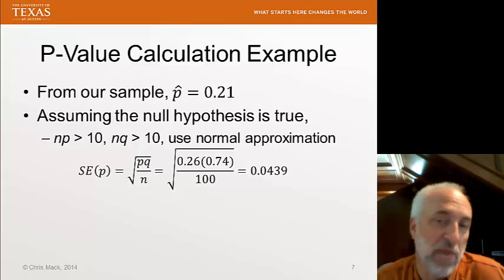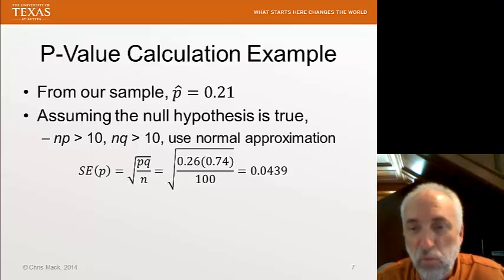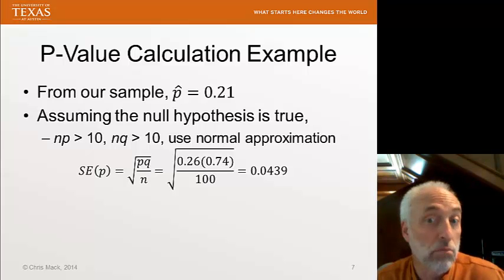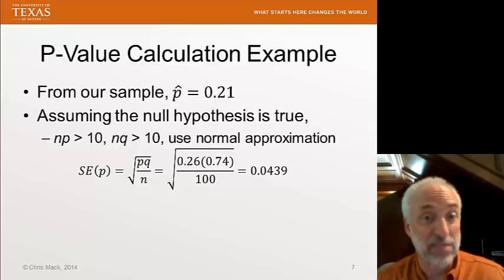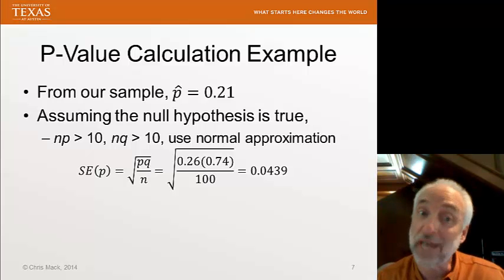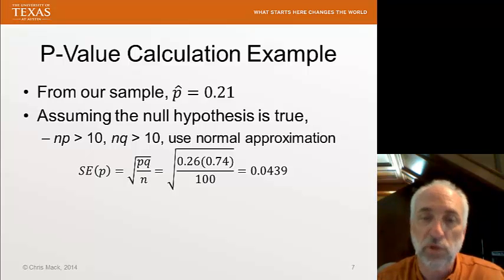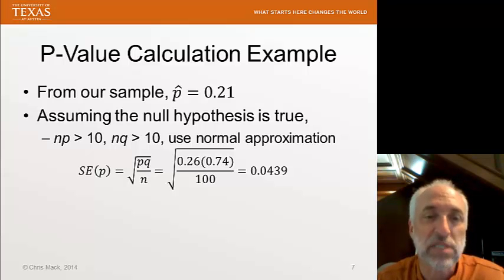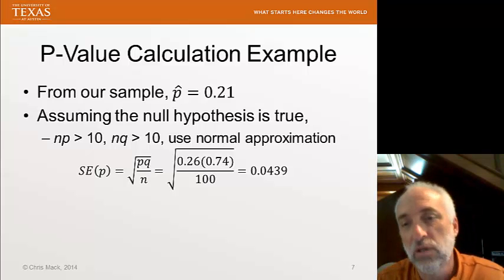I work out the math, I get a standard error of p of 0.0439, or 0.044. So 0.26 is my null hypothesis for the proportion value, but the standard error of that proportion, essentially we think of it like our estimate of the standard deviation, is 0.044.